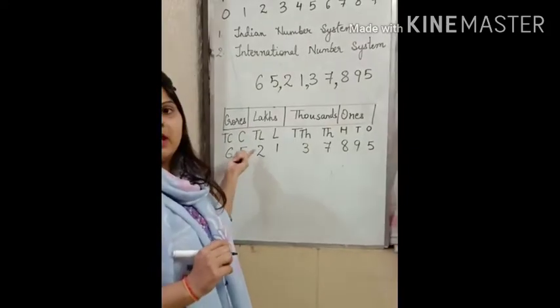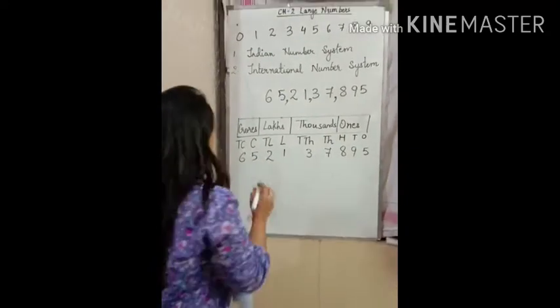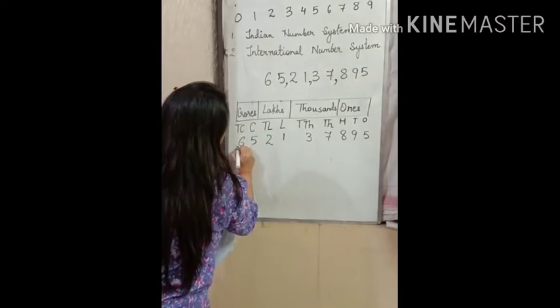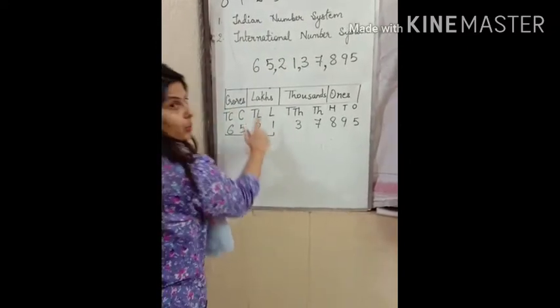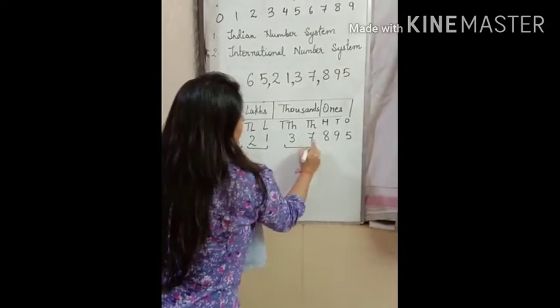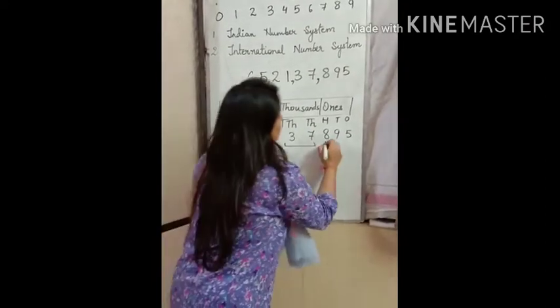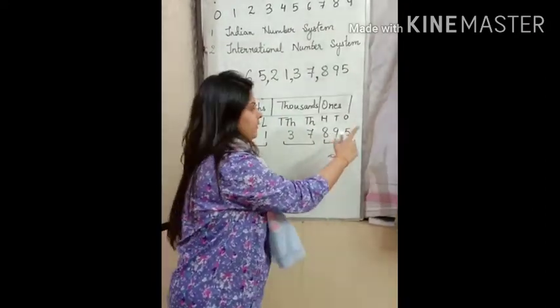Now let us write the number name of the given number. As we can see, it will be 65 crores, 21 lakhs, 37,895.